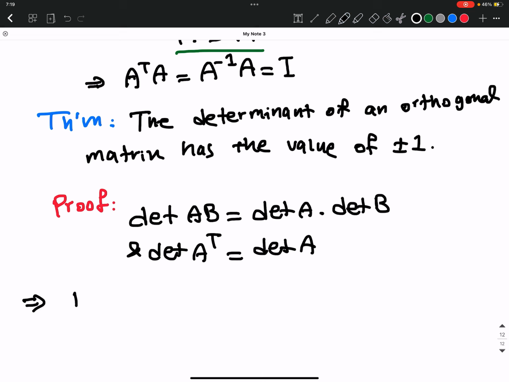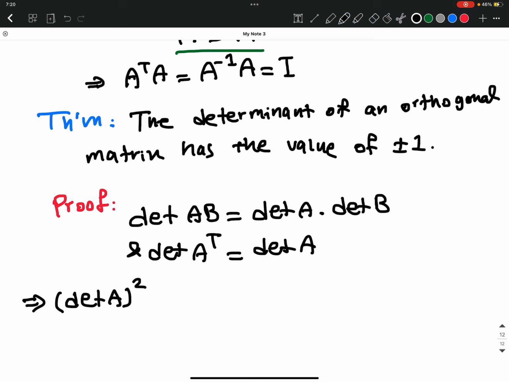So I will start with determinant A squared. I want to find the determinant of this matrix A, which is an orthogonal matrix, so I will first start with determinant A squared to see whether I can get an interesting relation.